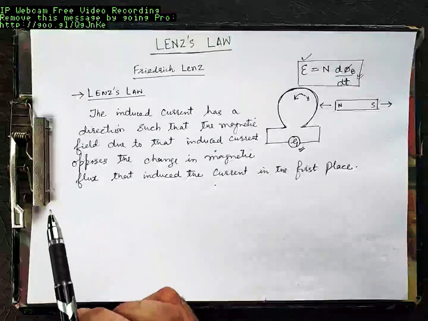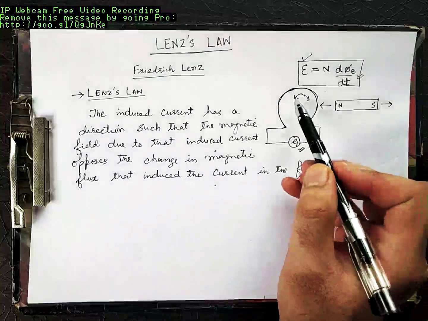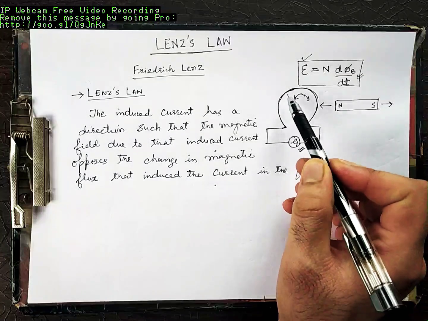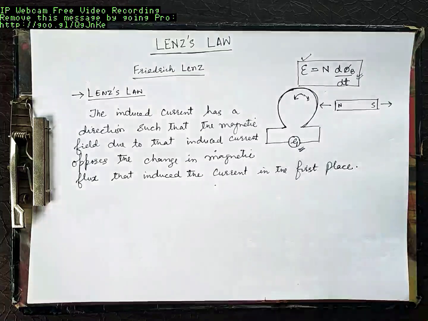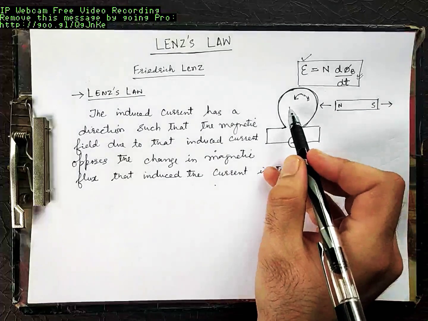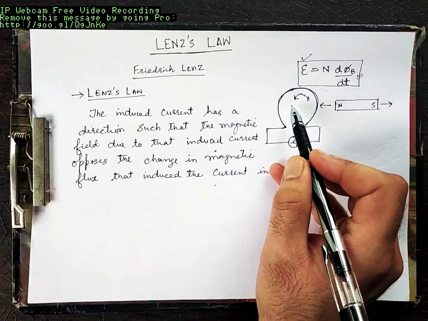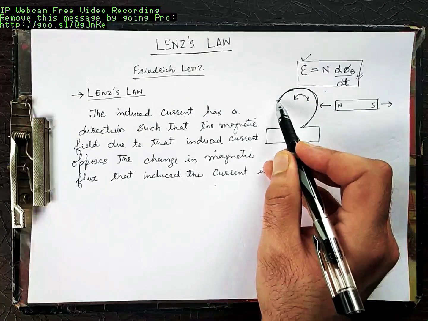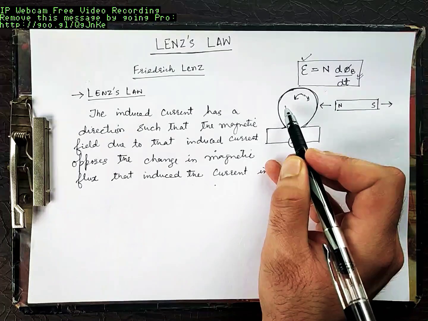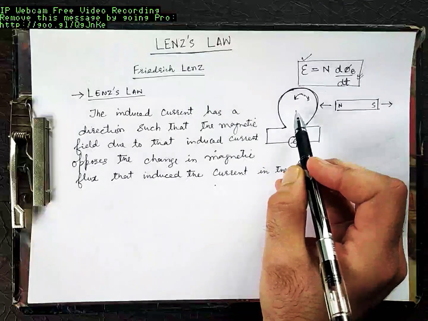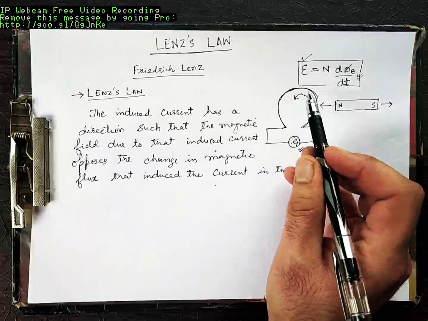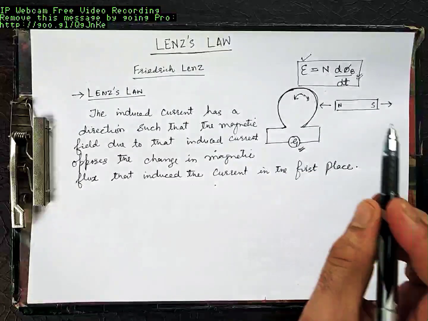According to Lenz, the direction of current in this coil will be such that the magnetic field produced by that current, which is flowing in this direction or in this direction, should oppose the change in magnetic flux that induced that current.